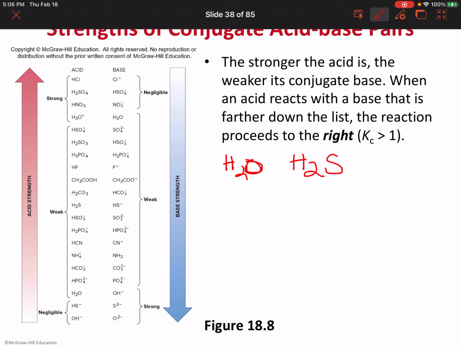We look at our acid section because we figured water and H2S are acids. So where is water? Water is here. Where's the H2S? Over here. Now between these two, which one is a strong acid? It's H2S, right?